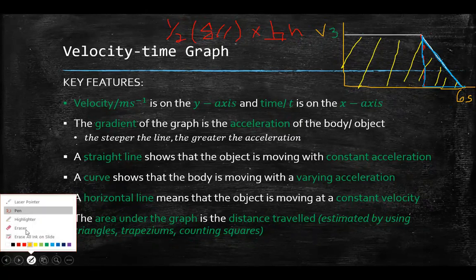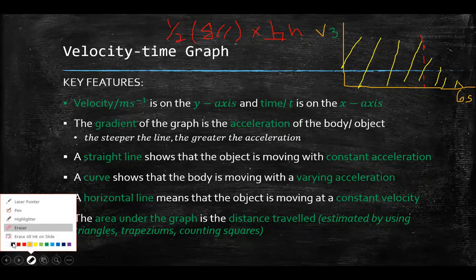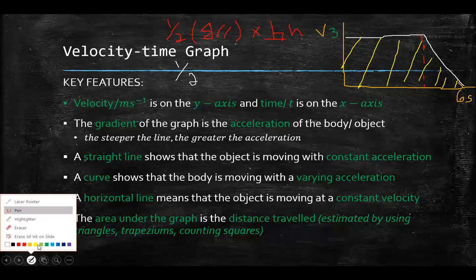Okay, so before I split it up into a triangle and a rectangle, let me just do this one using the formula for the trapezium. So you can see, in case you want to use that from now on, by all means, go ahead, right? So it's a half sum of the parallel sides. Parallel sides that I'm referring to would be this.